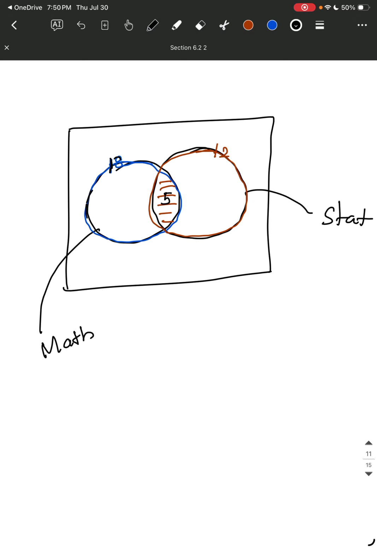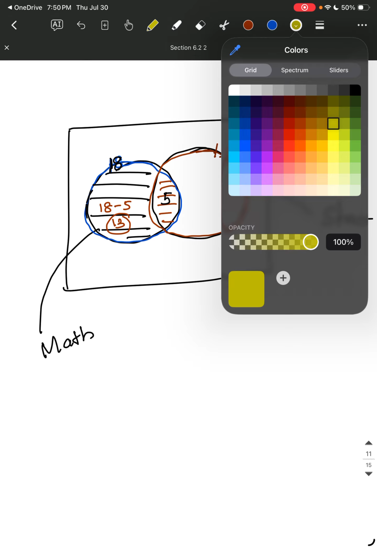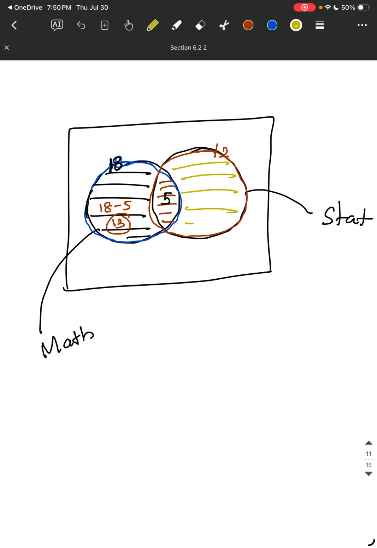Then the entire circle sums to 18 students. Then only this space equals 18 minus 5, 13. Okay, then only this space equals 12 minus 5, 7. So, how many take only mathematics?